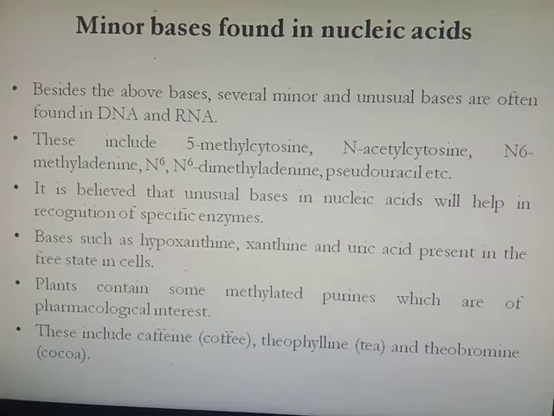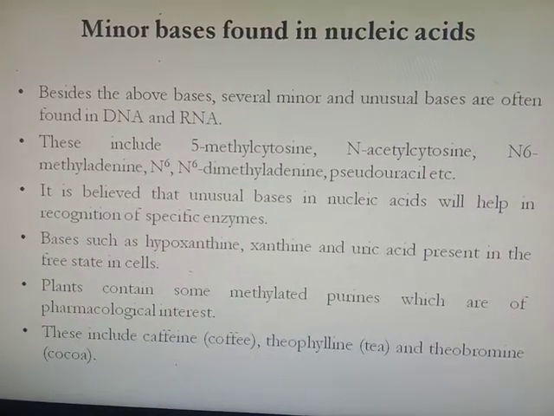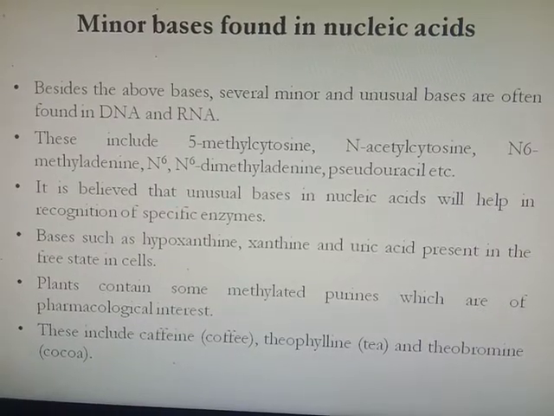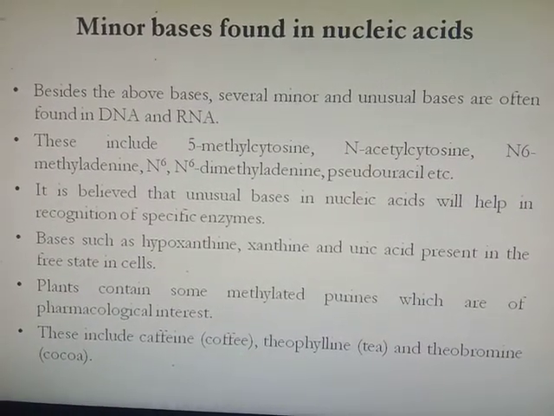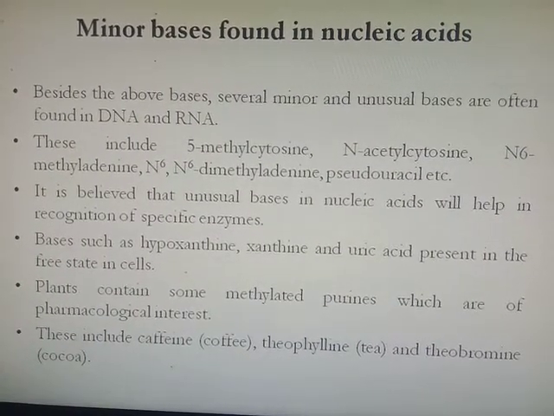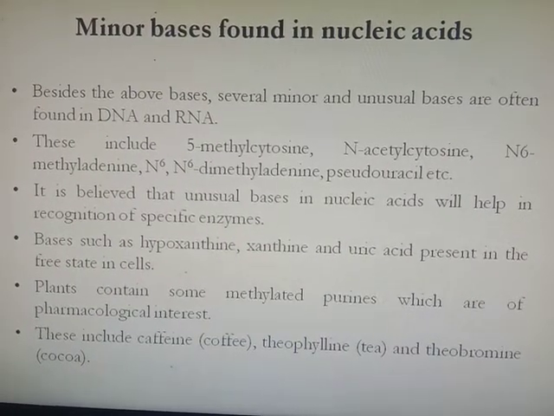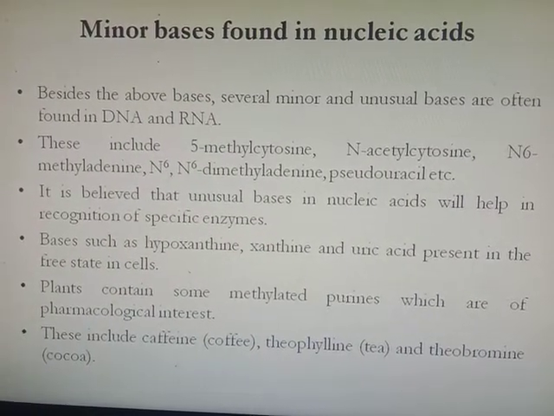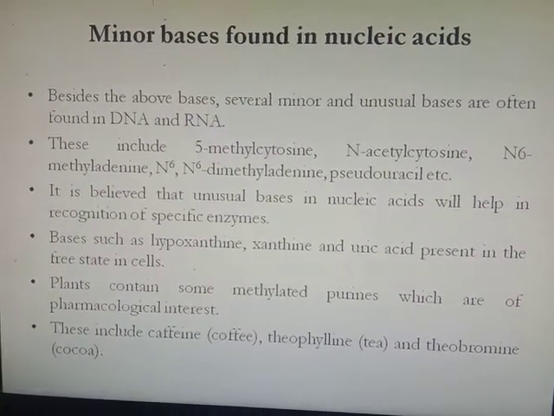Bases such as hypoxanthine, xanthine and uric acid are present in free form in the cell. Plants also contain some methylated purines which are of pharmacological interest. This includes caffeine present in coffee, theophylline present in tea, and theobromine present in cocoa.